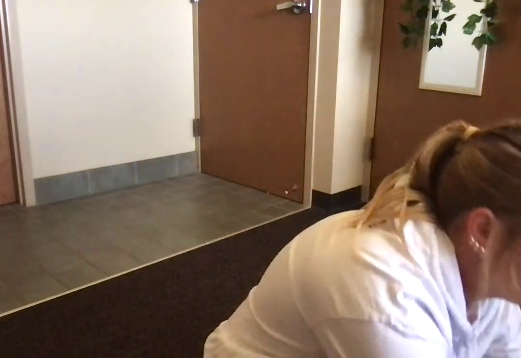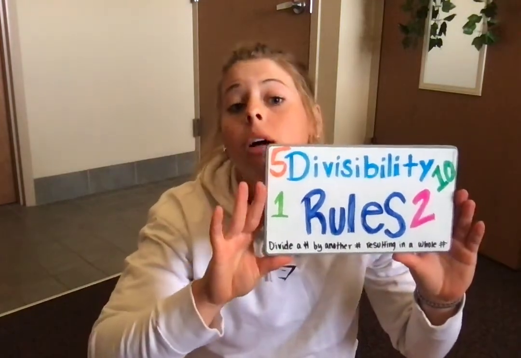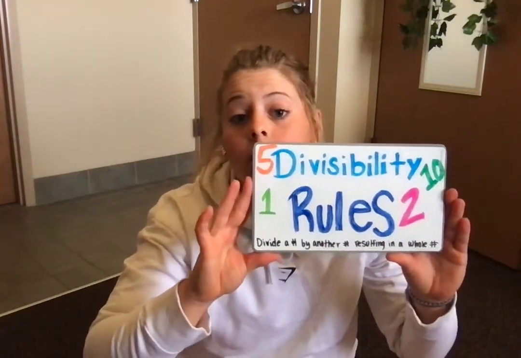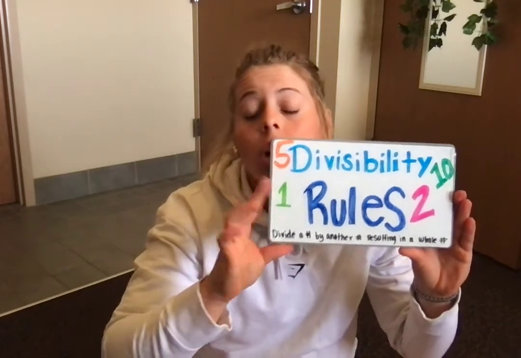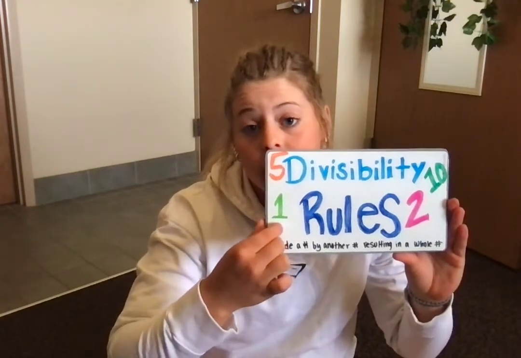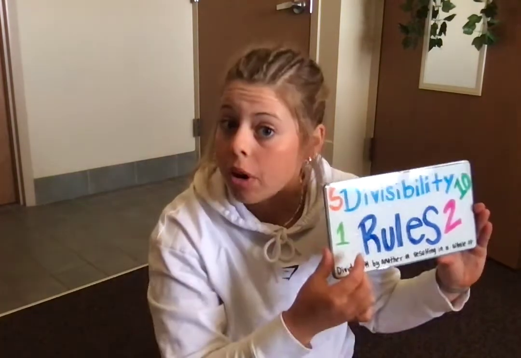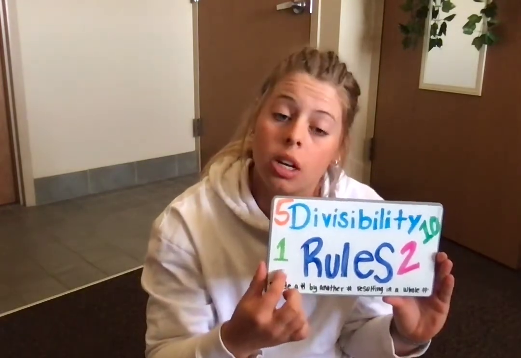Alright, so those are the rules of divisibility. Let's go over them one more time. First of all, divisibility is a number divided by another number resulting in a whole number. So the divisibility rule for 1 is 1 can go into every number, and I also forgot to add, every number can go into itself because it equals 1.